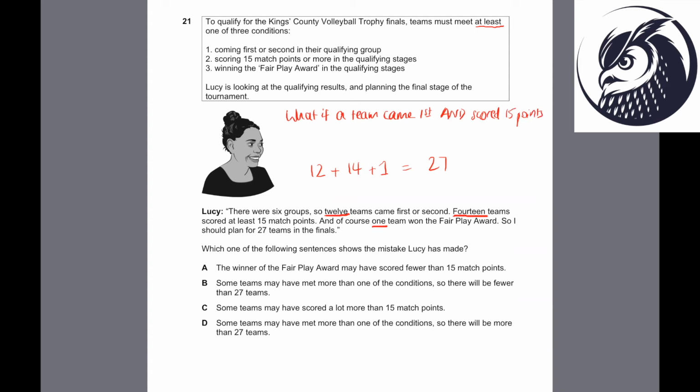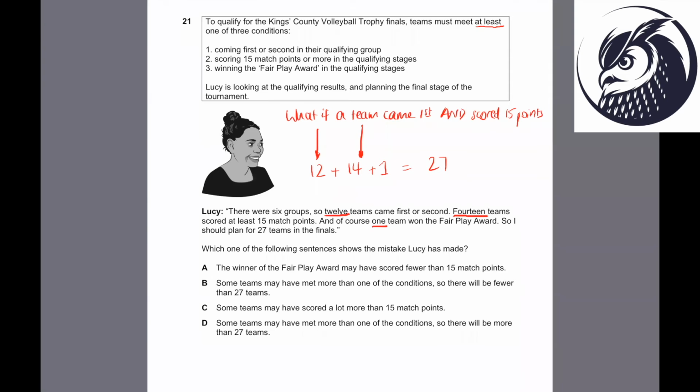And of course, they've contributed to this number and they've also contributed to that number. So if you add it all up straight away, you've double counted that team. And technically, only 26 teams need to be in the finals.